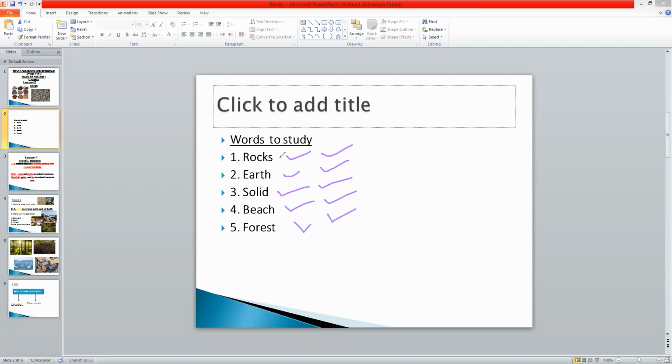I want you to be able to pronounce these words and also spell them, so that if I ask you to spell them for me in class, you can actually spell them. Number 1 is rocks. Number 2 is earth. Number 3, solid. Number 4, beach. And number 5, forest.